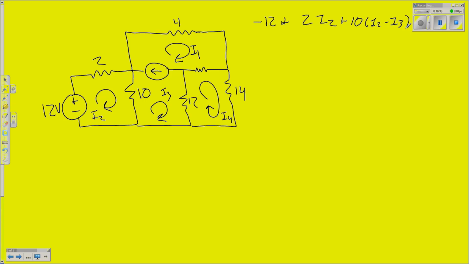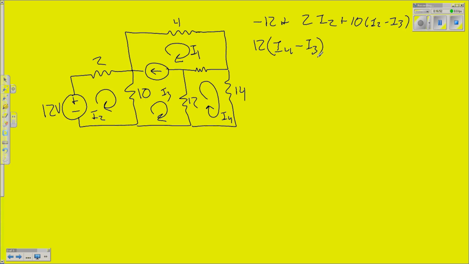I3 then, well, that's going to be complicated. Okay, so let's skip that one. We'll go to I4. Alright, so first we've got a 12 ohm resistor. So 12 times I4 minus I3.